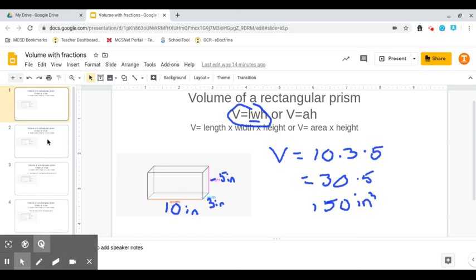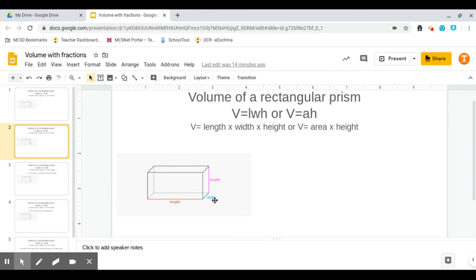Okay. Now, sometimes they might give you an area. So let's just say that they give you the area, and say that area right there is, say, 8 inches squared, and they give you a height of 5 inches.